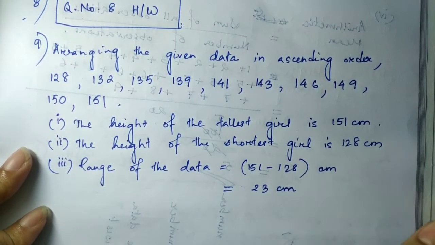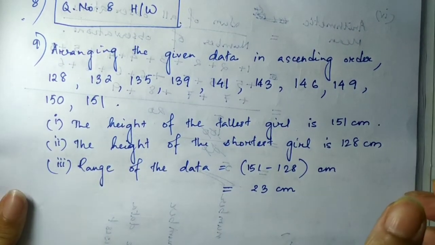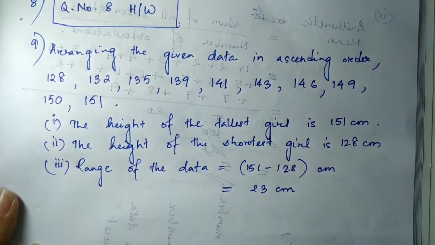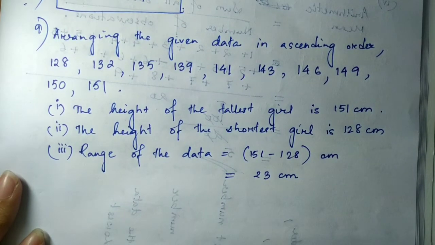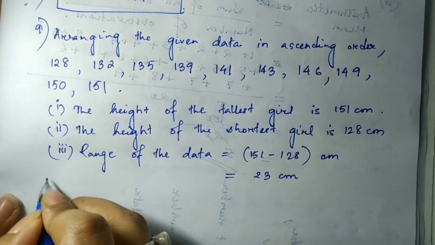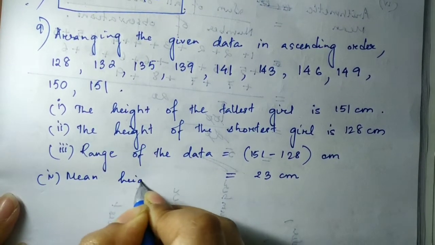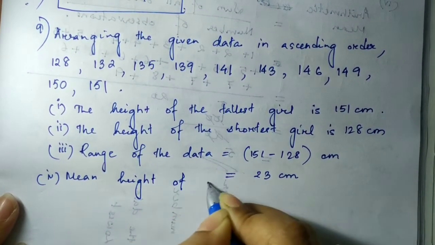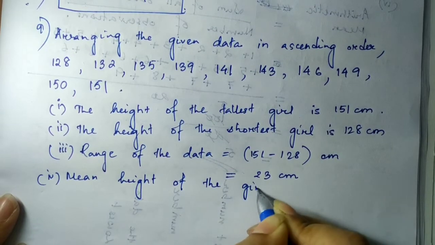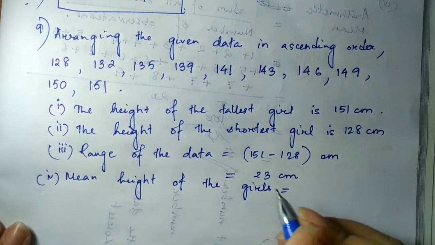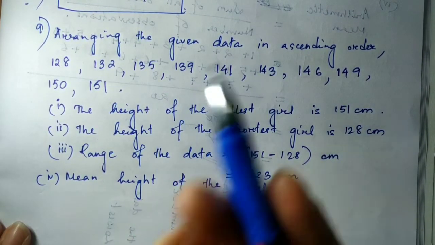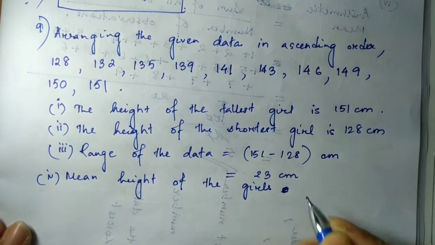Okay, then we have question number 4, where we find the mean of the, it's given as what is the mean height of the girls. So let's do that. Mean height of the girls is equal to, you'll add all of them and divide it by how much? Number of girls. Number of girls is 10. I'll do it here.